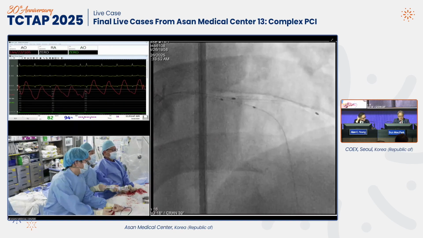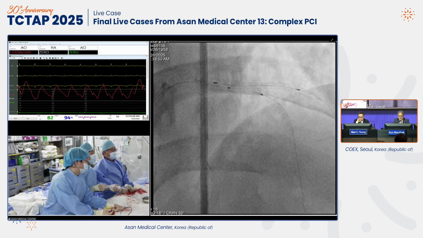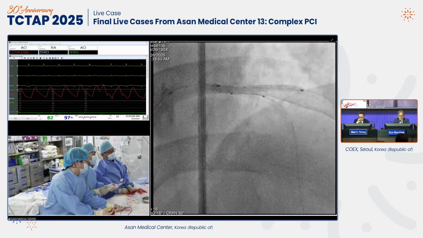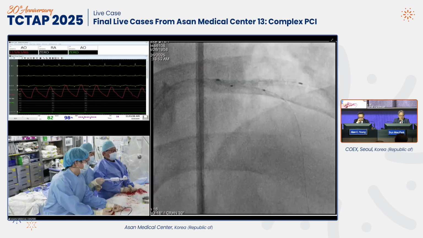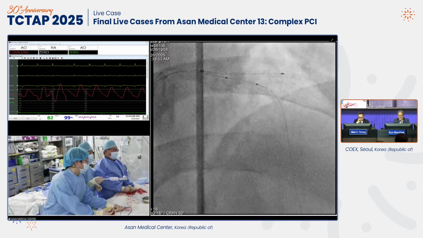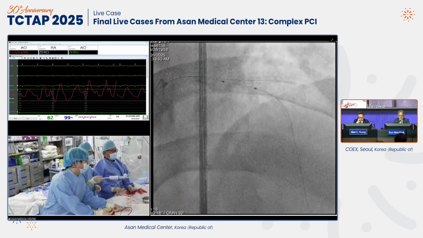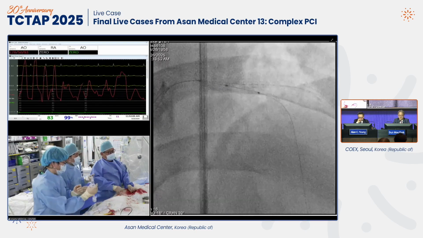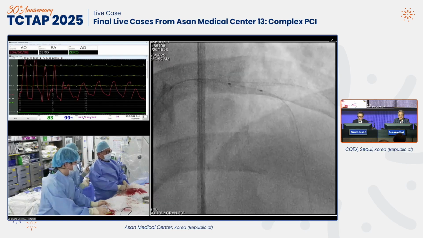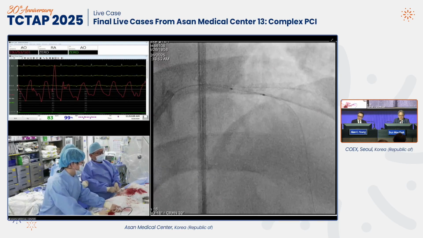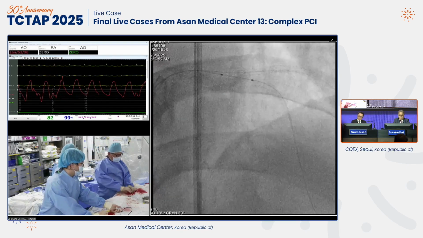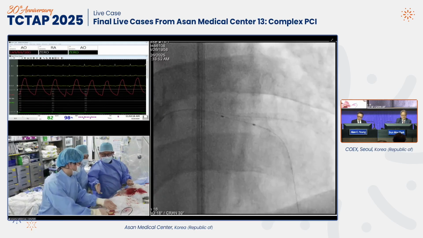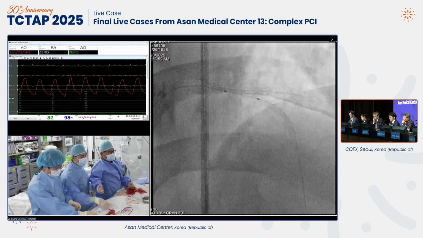This is a commercial question. Any preference for the drug-eluting stent for severe calcified region? Jung-Min? I don't have any preference, but any kind of second generation or newer drug-eluting stent, I think there is no difference regarding the outcomes. But the different DES have slightly different characteristics. So if you select one DES, 2.5 high pressure balloon, please.